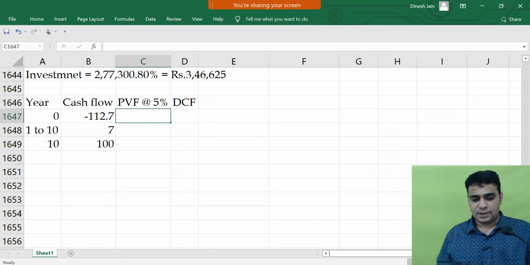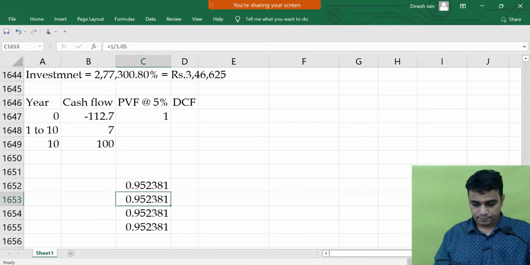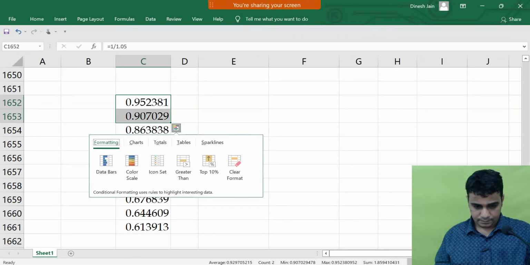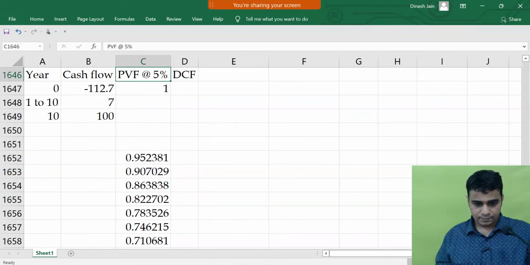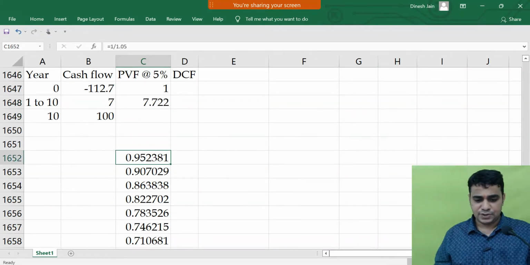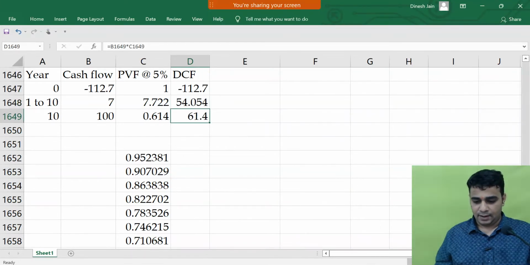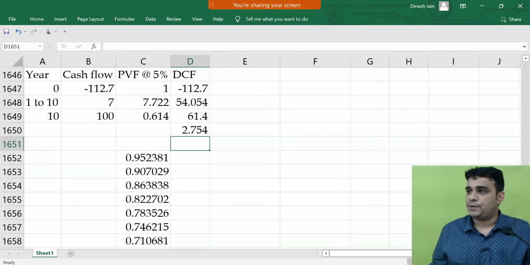This now needs to be discounted at 5%. 7.722, 0.614, and this can give me a positive NPV as well as it can give me a negative NPV. Anything can it turn out to be. I've done 5%, I get a positive NPV of 2.754.